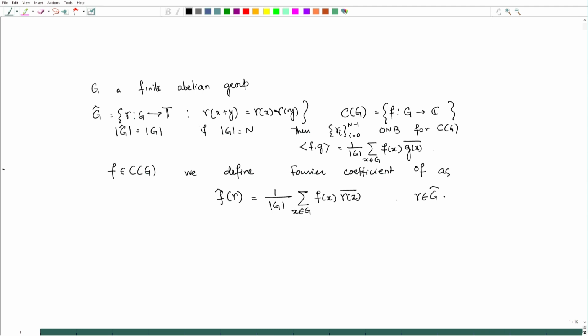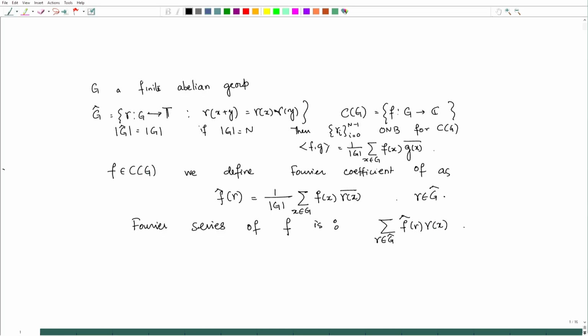This is what is called the Fourier coefficient, and the Fourier series of f is summation over gamma varying over G hat, f hat gamma, times gamma of x. That is what the Fourier series is.